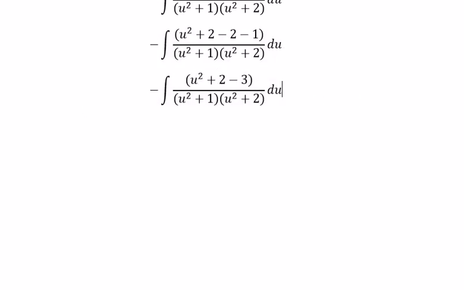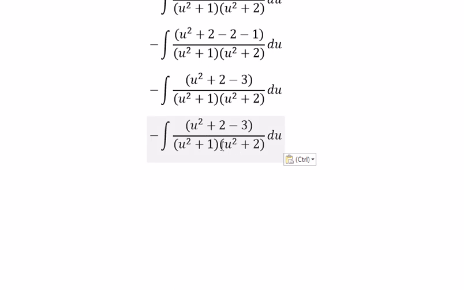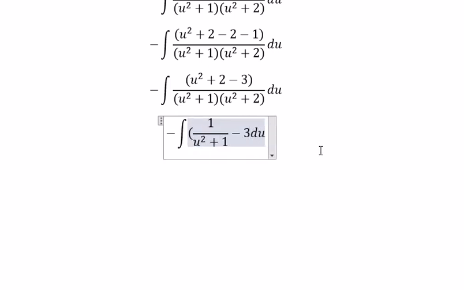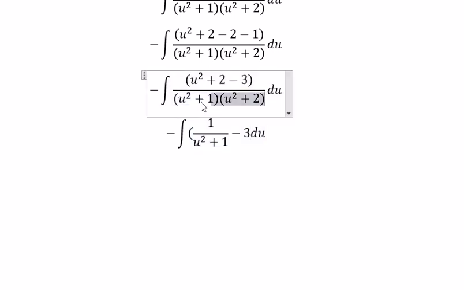You will get this one divided by this one, and you will get 1 over u square plus 1, minus number 3 multiplied by this one.